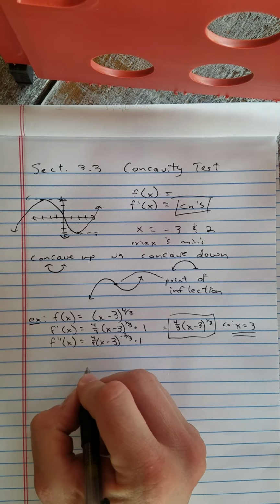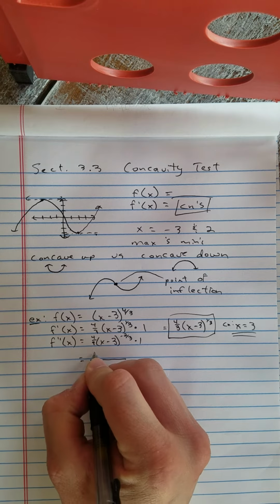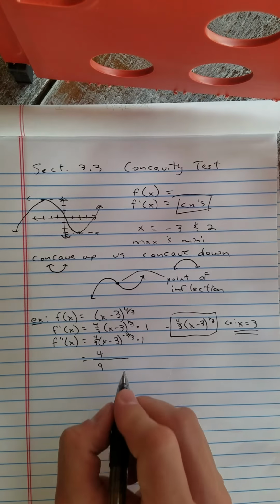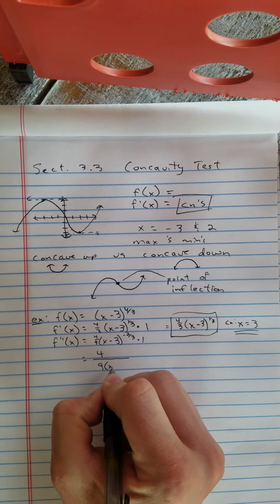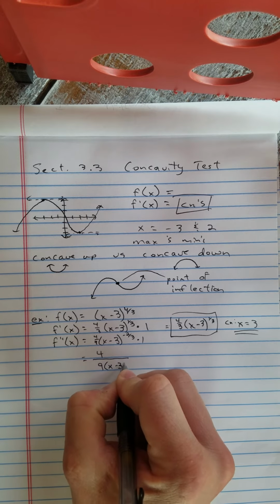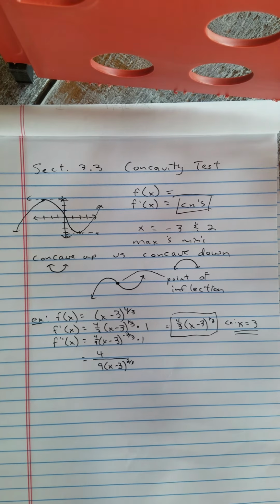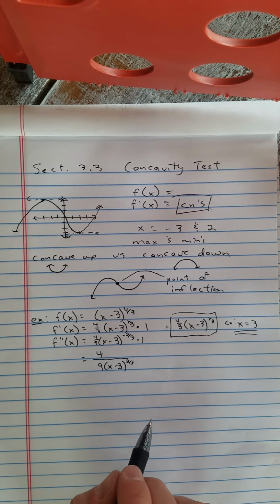So if we clean this up, we now have a fraction. There's 4/9, the x minus 3 needs to move to the bottom, raised to the 2/3 power, and the top stays the same. So it's 4/9 over (x minus 3) to the 2/3.